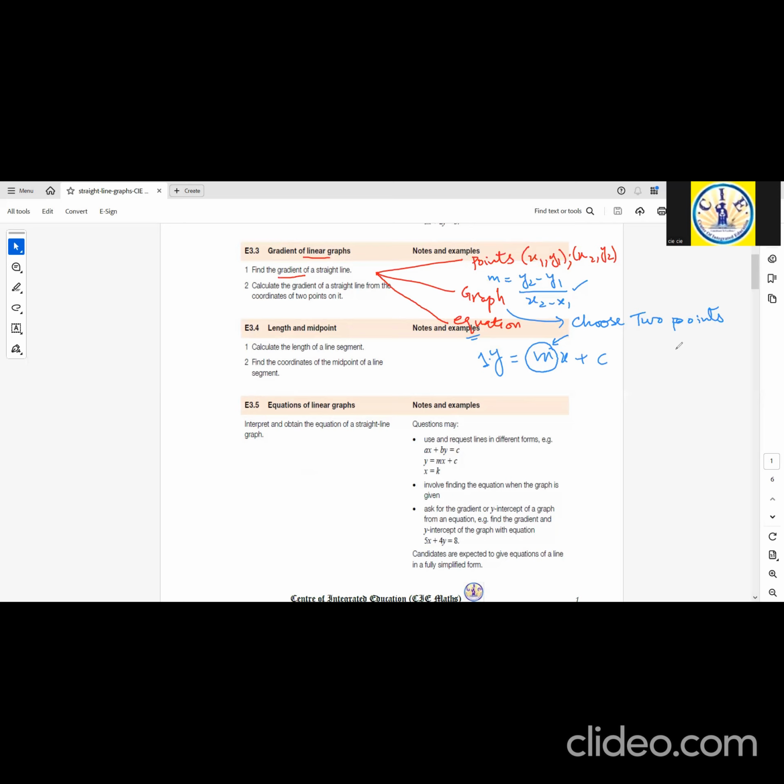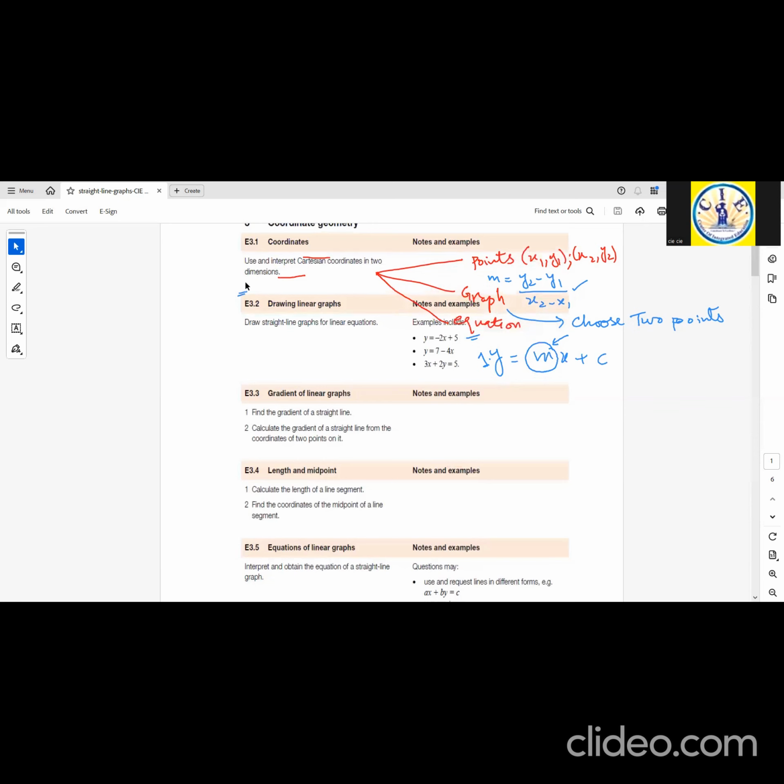Okay. Then for the second, I can give you an example. In the previous case, when we were having this equation, the gradient became minus 1.5. And in this case, the gradient is negative 2. Sorry, this was the gradient of this one.